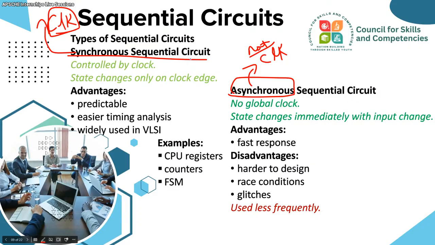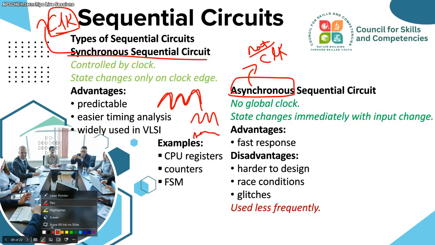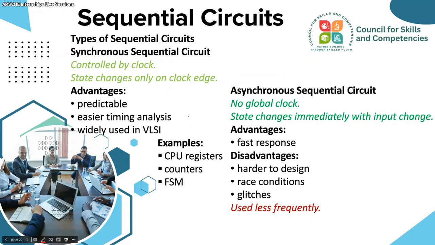So synchronized means this signal, and I am trying to draw one more signal also. This is synchronized, but when I do this, these two signals are not synchronized. That means they are not able to go in accordance with what they both want.